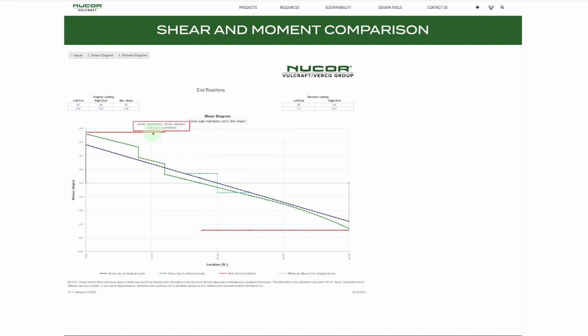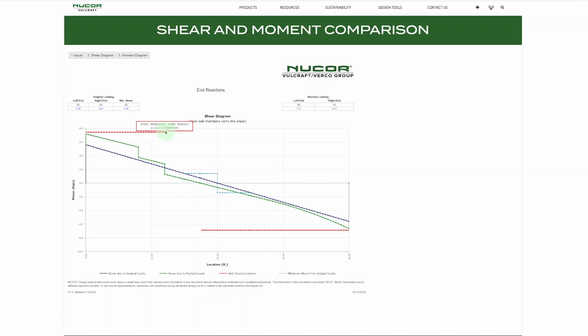But these red lines here, this is where things are really important. This is where the tool is recommending web checking. The webs within these ranges, so most of the span, except for maybe a short distance here between 10 and 20 feet, need to be checked for possible reinforcing. They are not capable of carrying the revised loading.